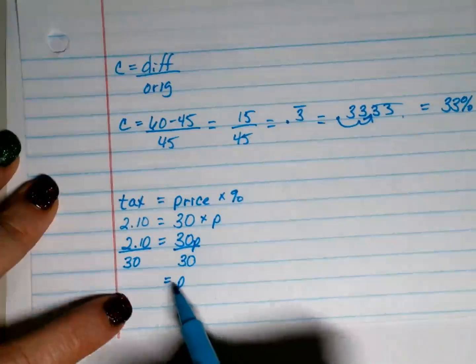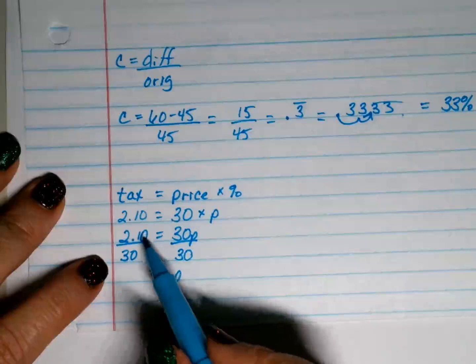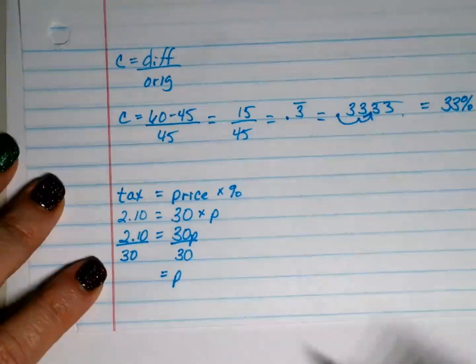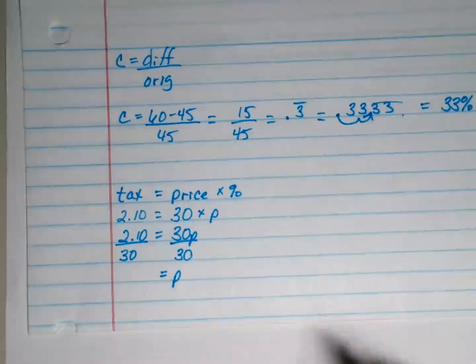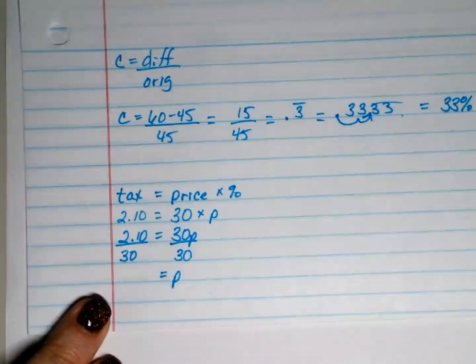So the percent is what? $2.10 divided by 30. Yeah, that's what that little line right there means, is divided by.